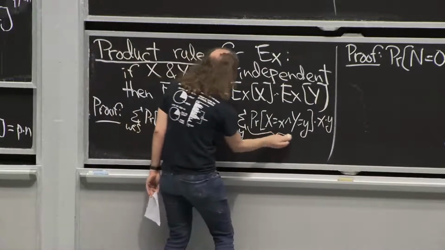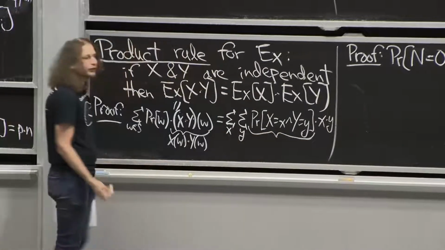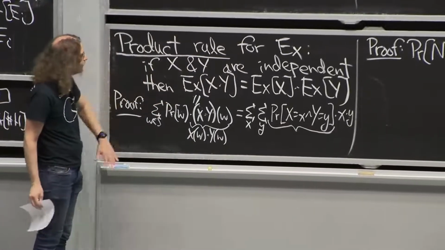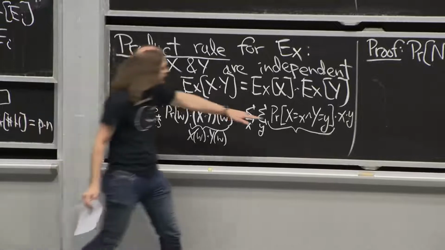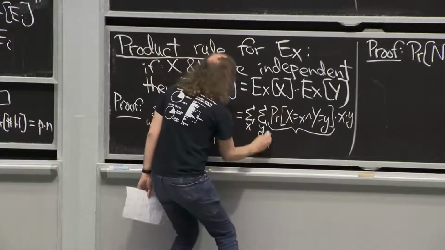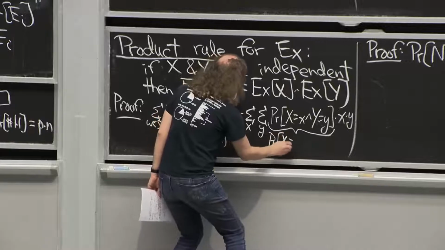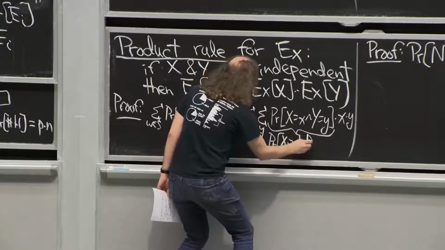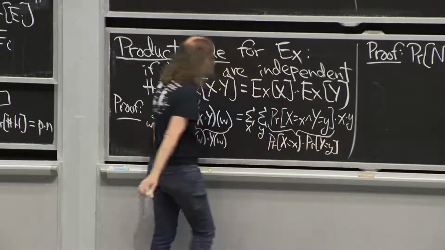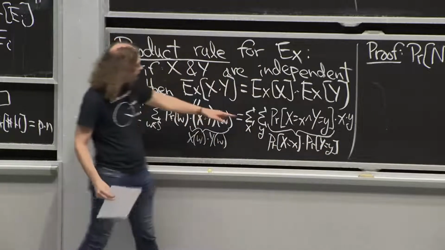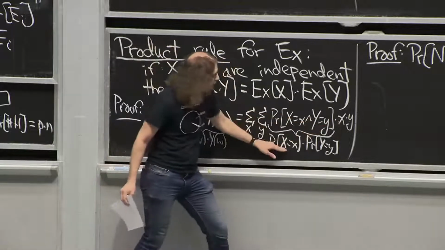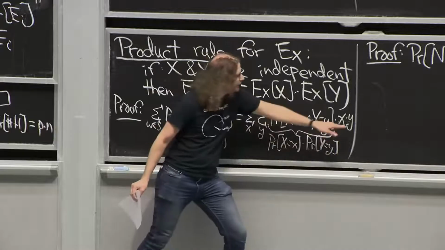And then this probability is a product. Right? By the product rule for probabilities, X and Y are independent means that these two events are independent for all x and y. And so we can rewrite this as probability of X equaling little x times probability of Y equaling little y. And now we have a double sum over some things involving X and some things involving Y. Sorry for the pun.